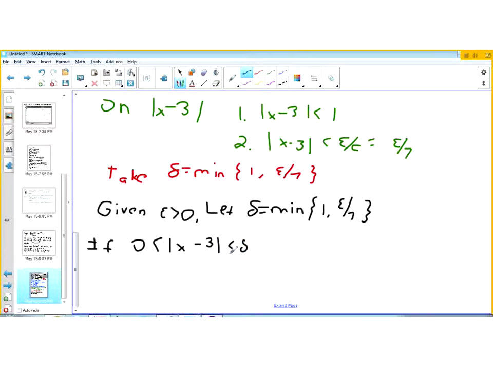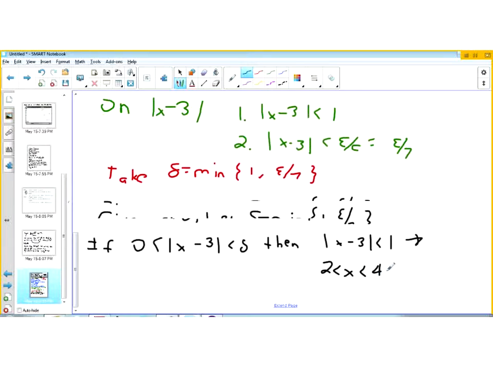So invoke the if-then statement. If we're within a delta distance from 3, then we plug in our first choice of delta: the absolute value of x minus 3, the distance from 3, is less than delta equals 1.